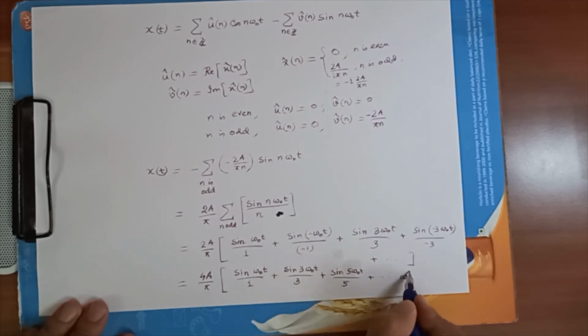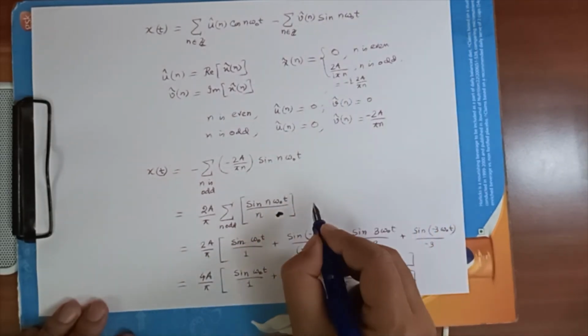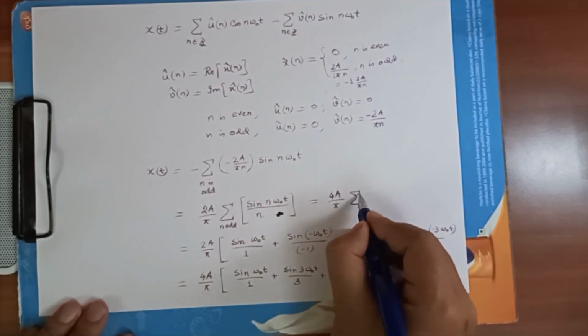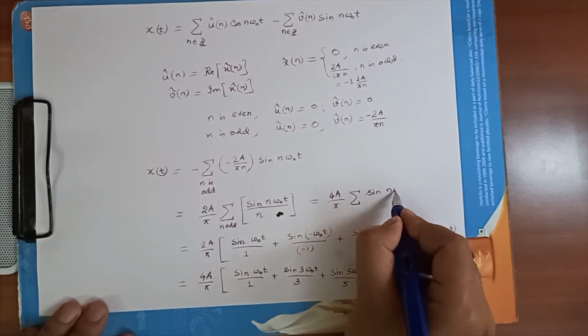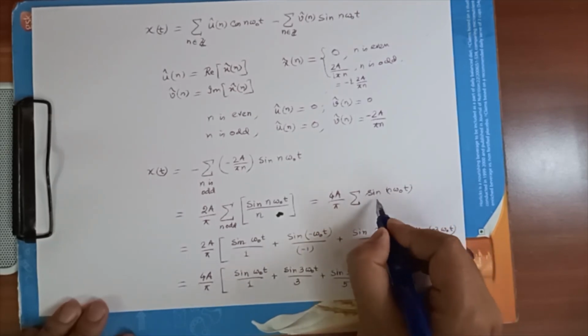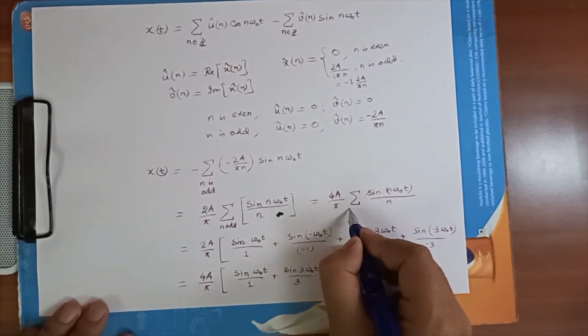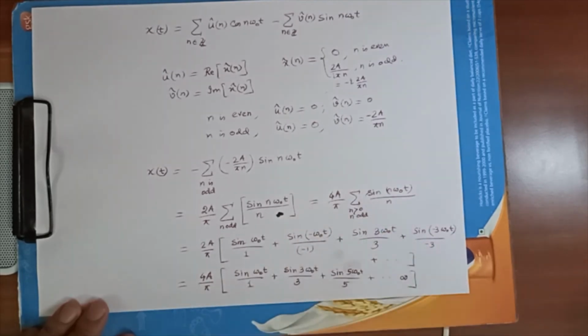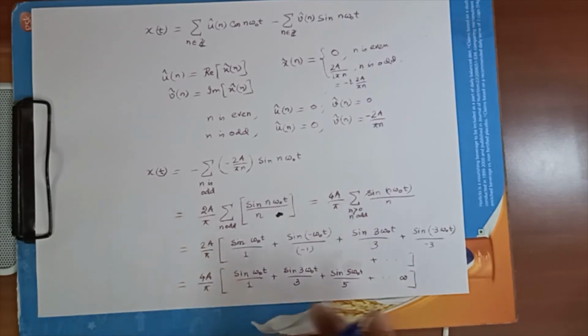So from here I can straight away write this is equal to 4a by pi summation sine n omega 0 t by n for n greater than 0 and n odd. So this is the real Fourier series of the square wave.